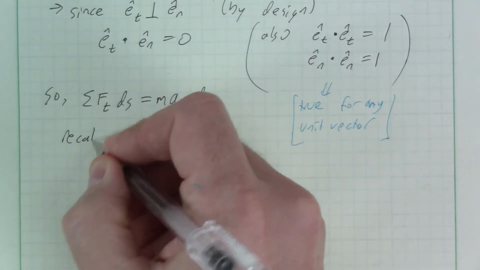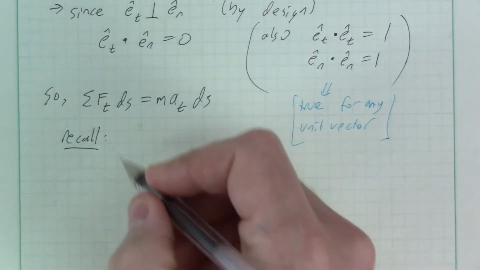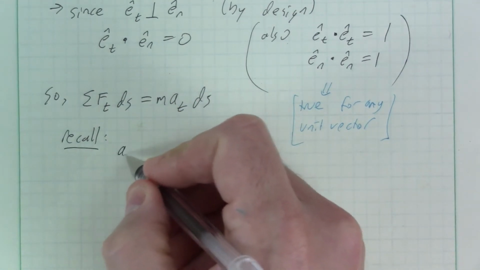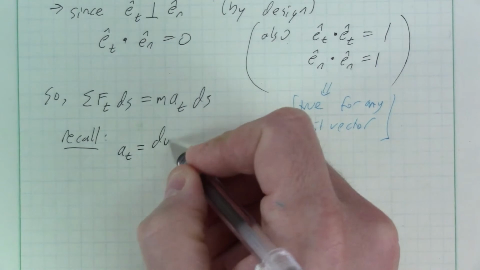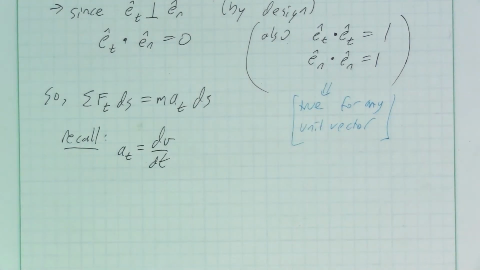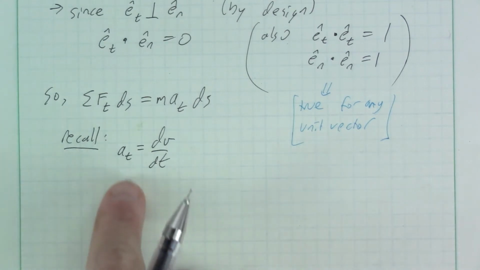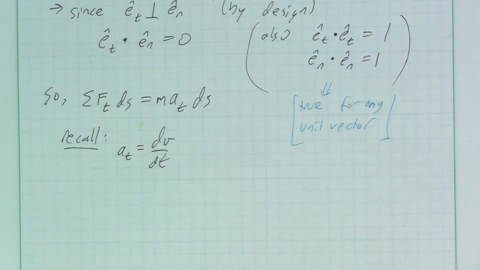We're getting close to getting an energy and a work showing up here. So recall, we have to do one thing here, which is that the acceleration in the tangential direction, by definition, no matter however curvilinear our system is, is dv/dt, the change in the speed with time. The acceleration in the direction of motion is the change in the speed with time.